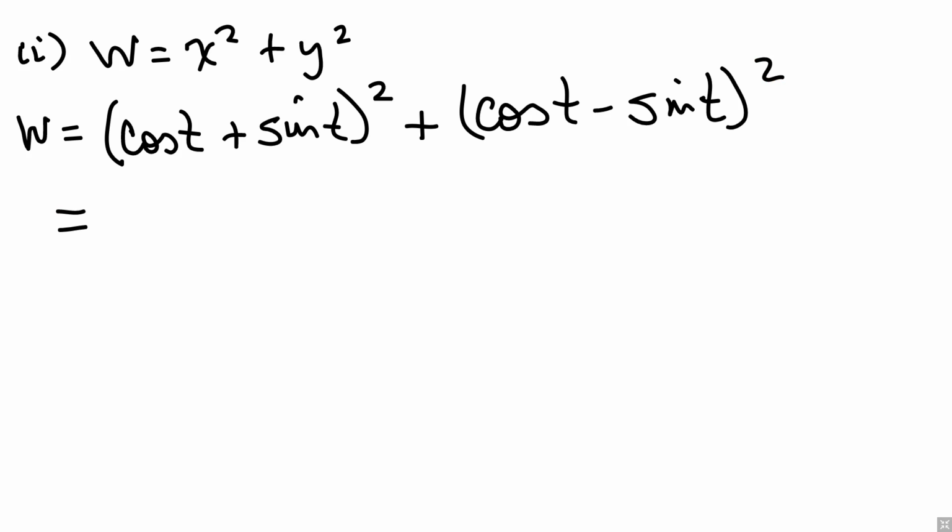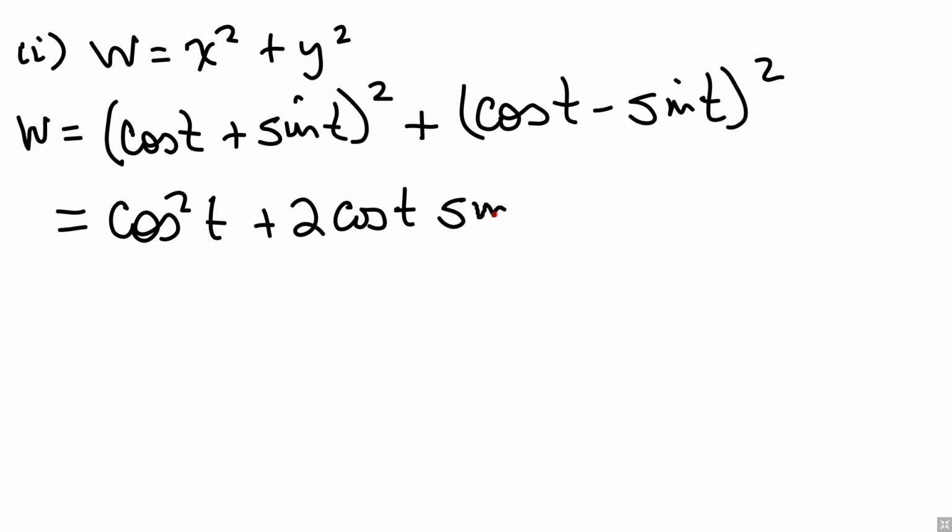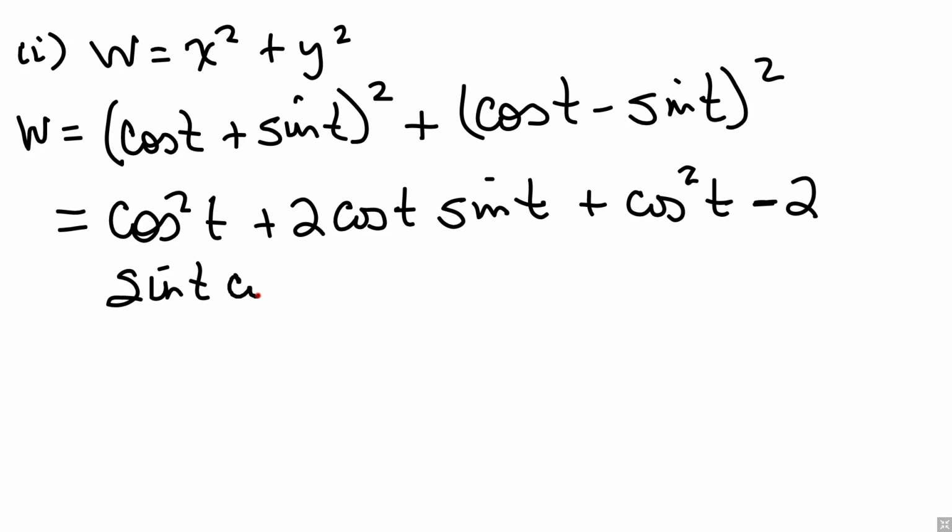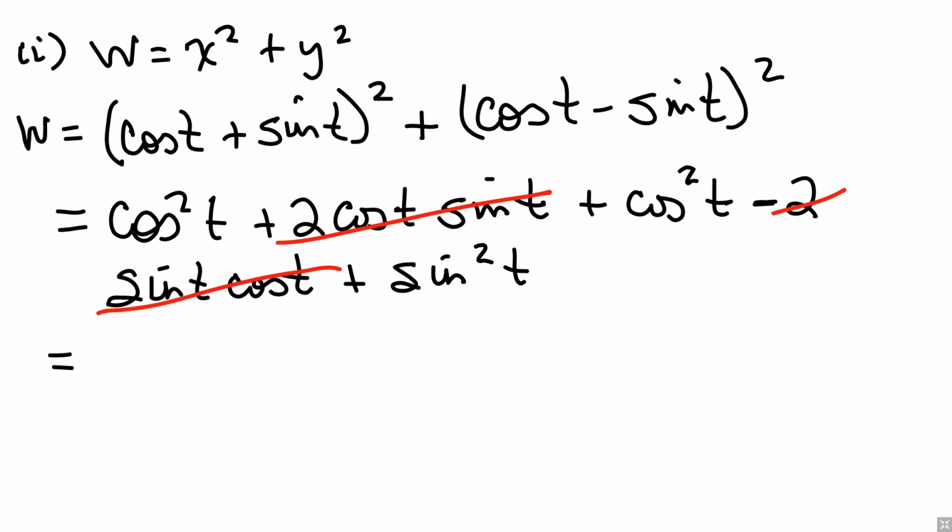If we do that, we're going to end up with cosine squared t plus 2 cosine t sine t plus cosine squared t minus 2 sine t cosine t plus sine squared t. If we clean this up, we realize that this term and this term cancel.